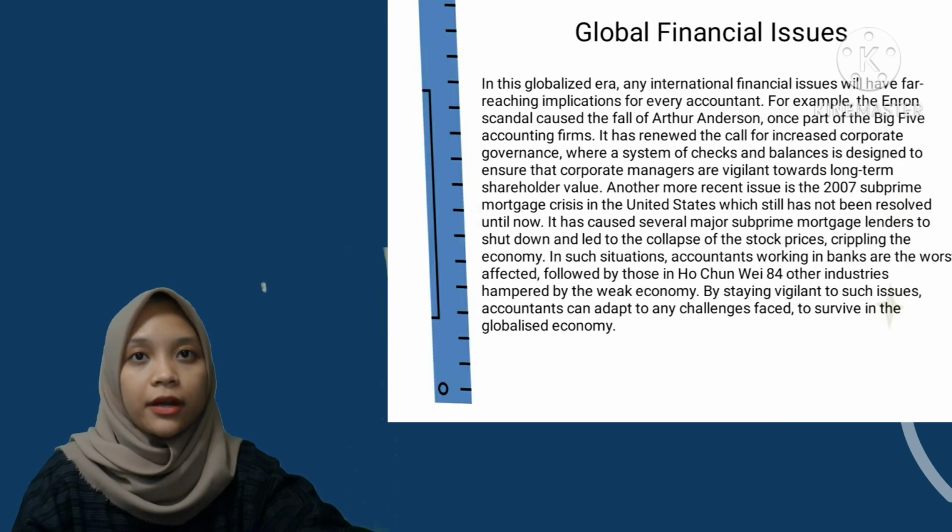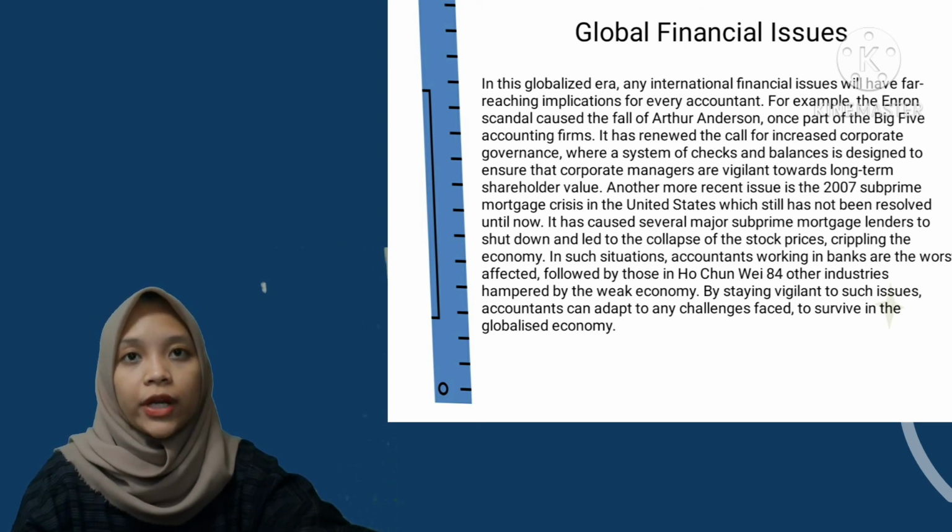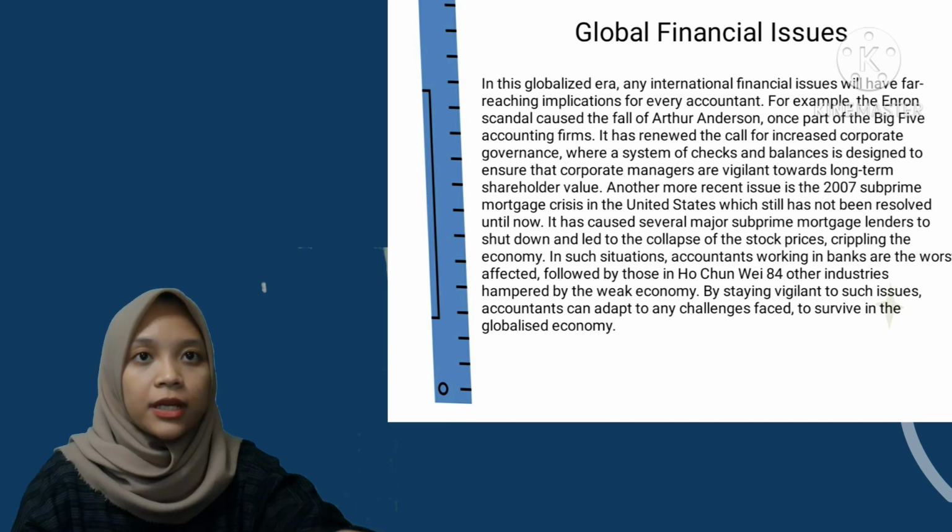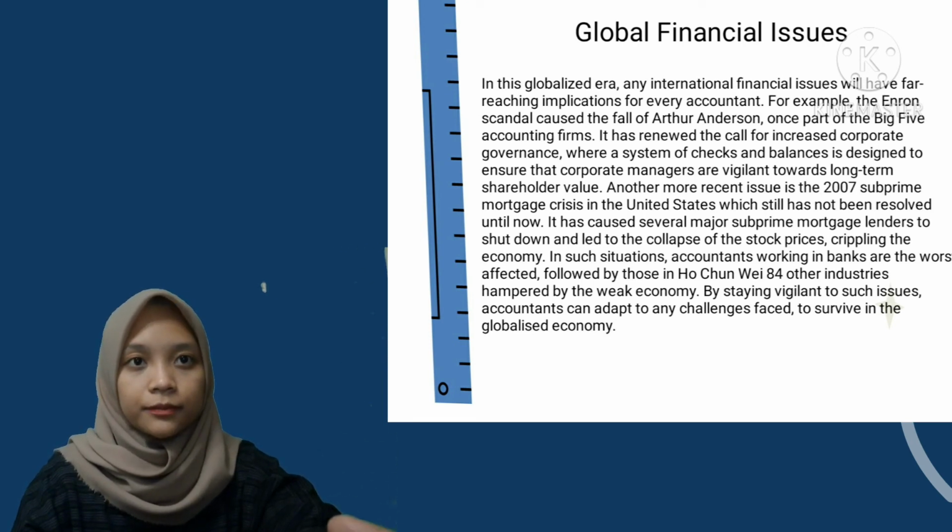In this globalization era, any international financial issues will have far-reaching implications for every accountant. For example, the Enron scandal caused the fall of Arthur Andersen, one of the big 5 accounting firms.